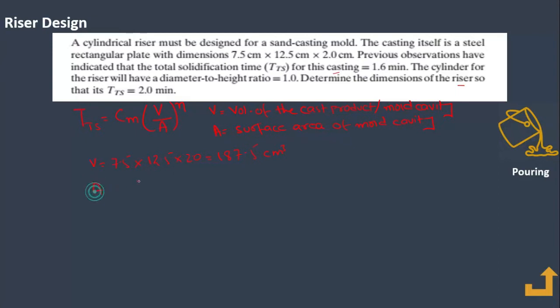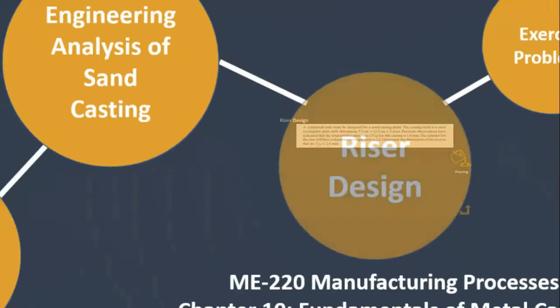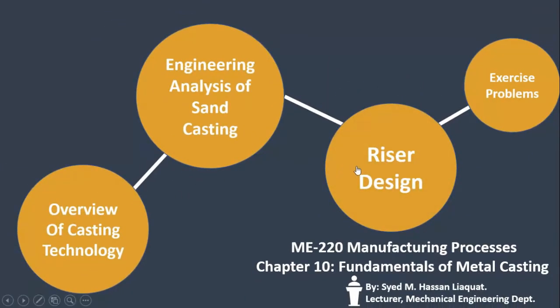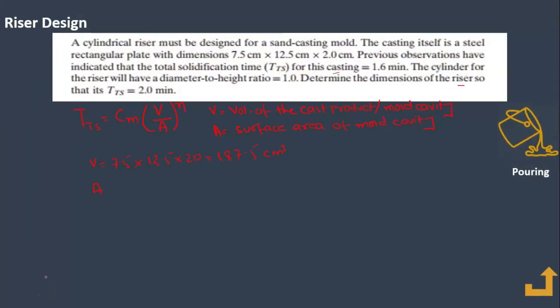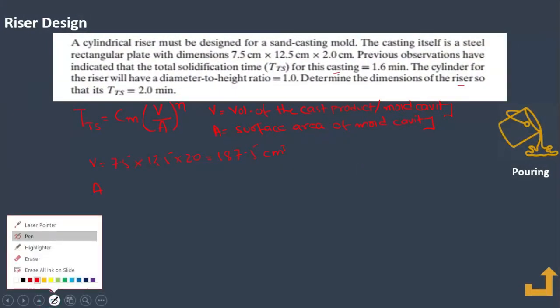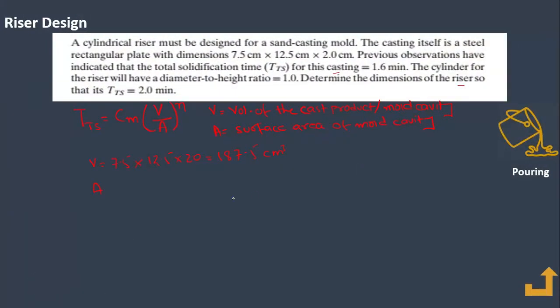For the surface area, the casting itself is a steel rectangular plate. So just draw a steel rectangular plate here.